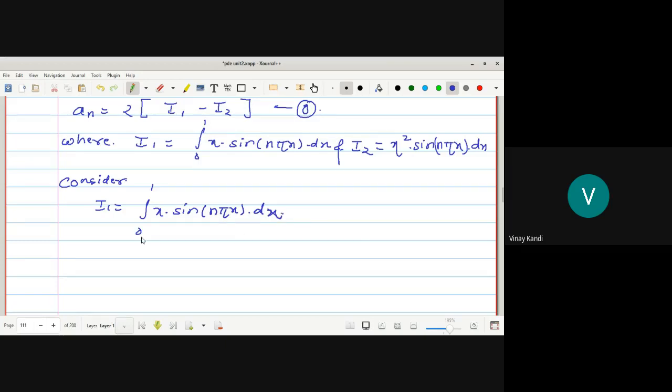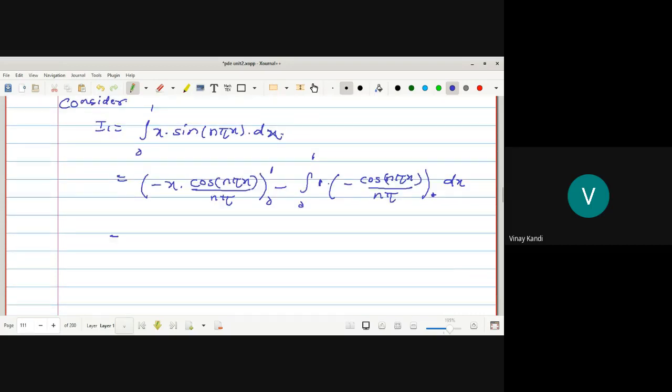Now use the u into v rule: first as it is, integration of second is minus cos n pi x divided by the coefficient of x, that is n pi, from lower limit 0 to upper limit 1, minus integration 0 to 1 of derivative of first, which is 1, into integration of second again, minus cos n pi x divided by n pi, into dx.